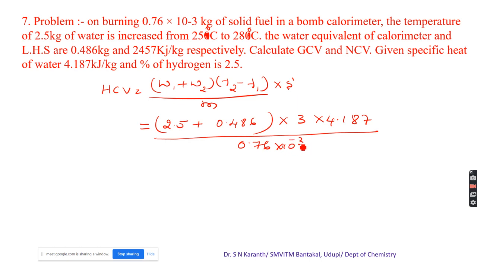So you will get HCV equal to 49,351.50 kilojoule per kg. This is the answer.